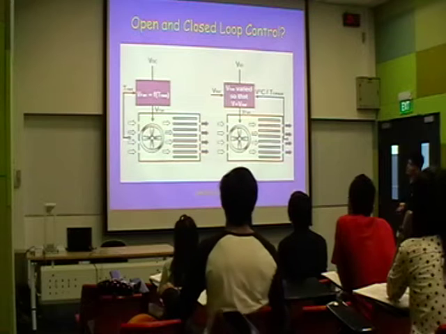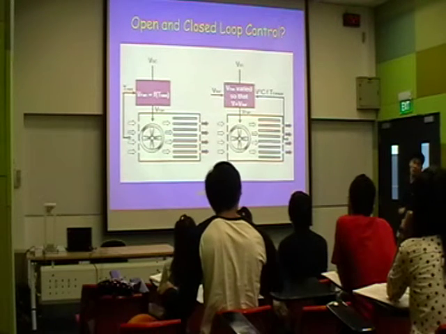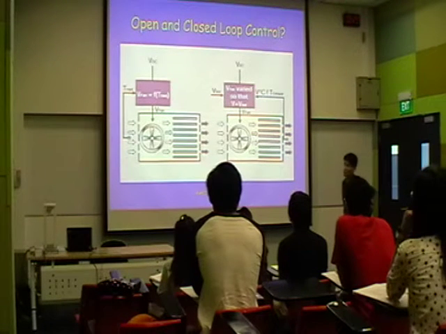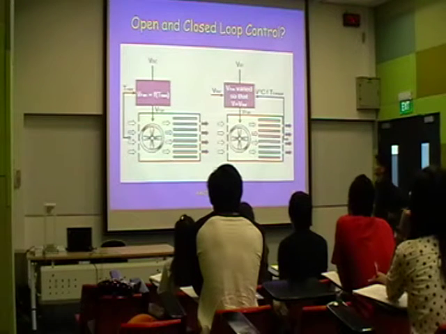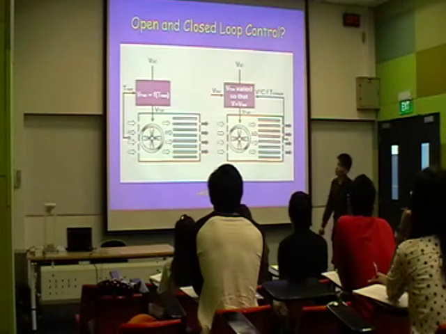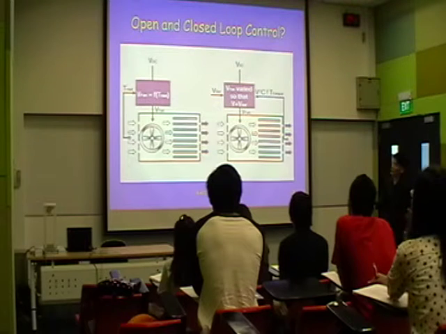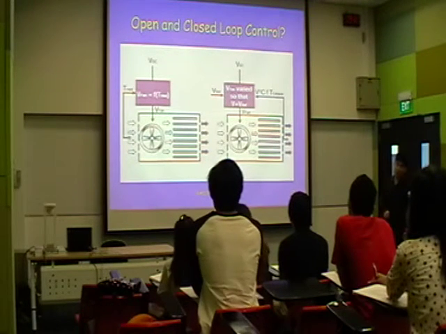So can you differentiate which one is the open loop or closed loop system, based on the subject you have learned so far? The right side is a closed loop, and the left side will definitely be the open loop, right? How do we know that one is closed loop and one is open loop?